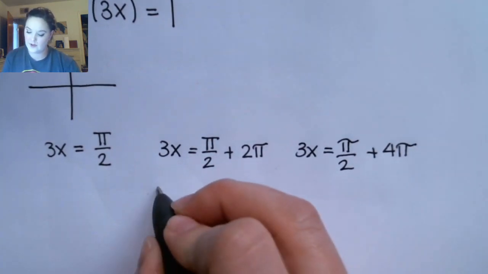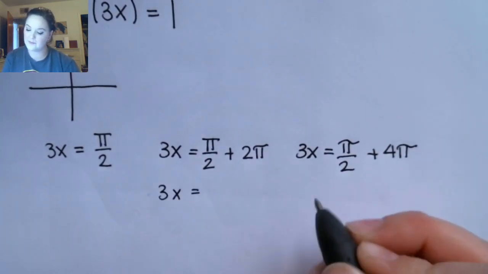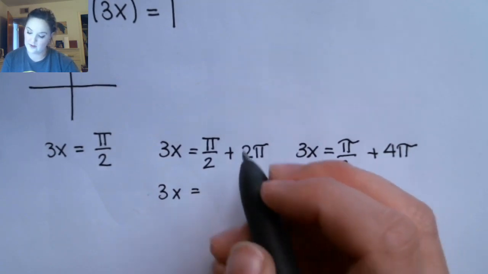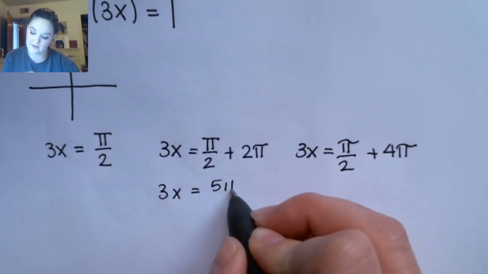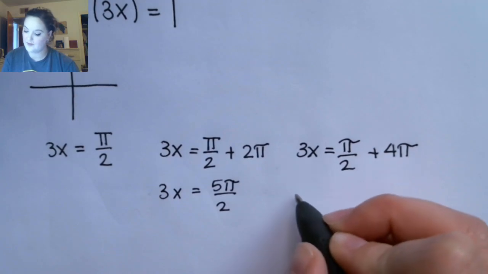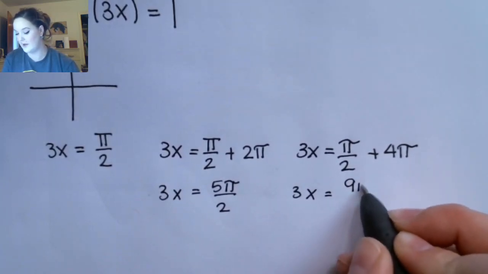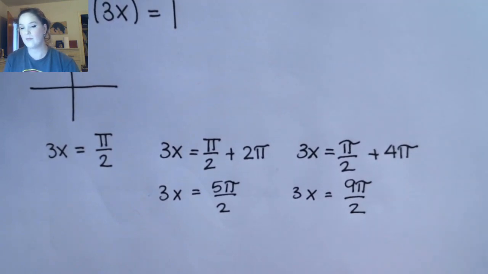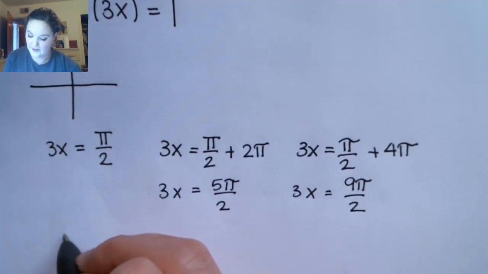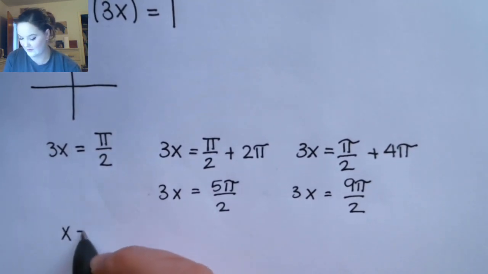So here we're going to add these together. So this is going to be 4 plus 1 is 5 pi over 2. And here we're going to have 8 plus 1, which is 9 pi over 2. And now we're going to divide each of these by 3 to find our value for x.